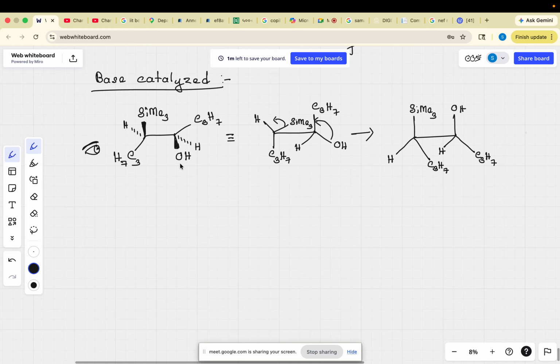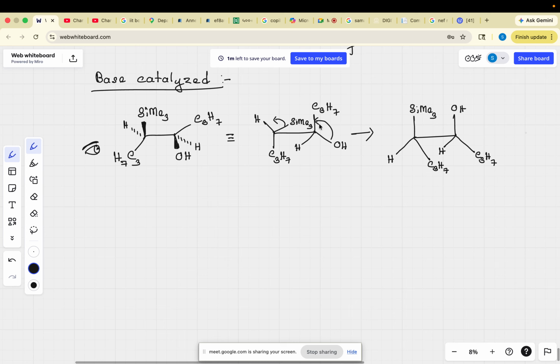Otherwise I can do it from here also, but you will not understand properly. That's why I am rotating this. Otherwise no need to do it.